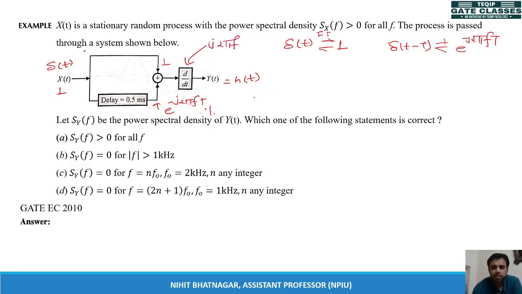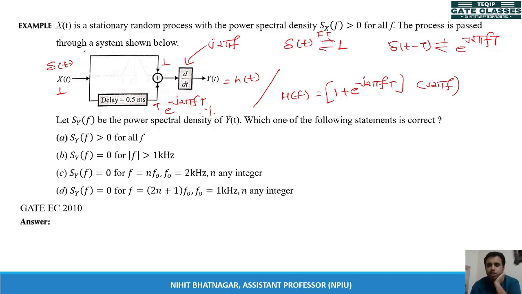So after that, H(f) is equal to, first we add both signals, so it becomes 1 plus e to the power minus j 2 pi f T, in brackets. After that, for the d by dt, we multiply by j 2 pi f.